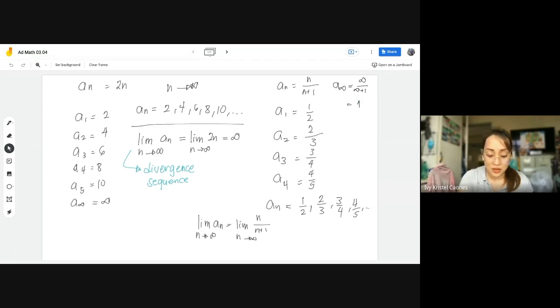So that means for this specific sequence, it will approach a value which is 1. Based on identifying if it is convergent or divergent, this sequence n over n plus 1 is convergent. So that is the difference between divergence and convergence.